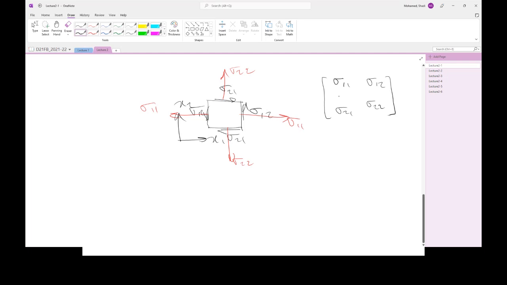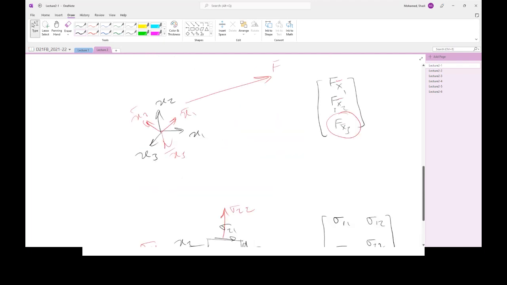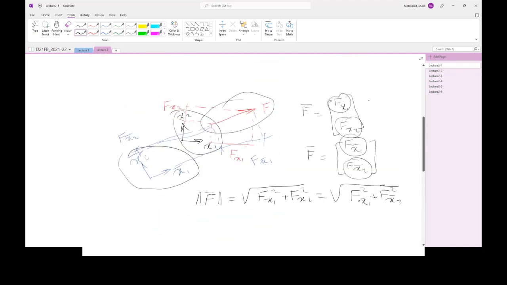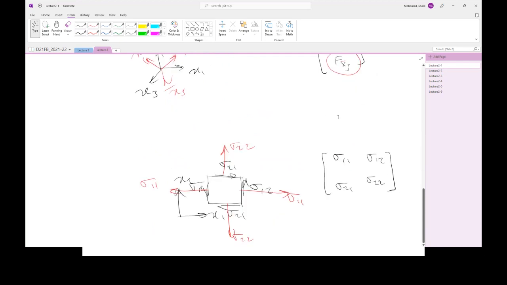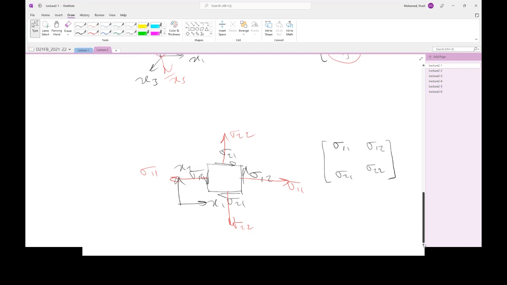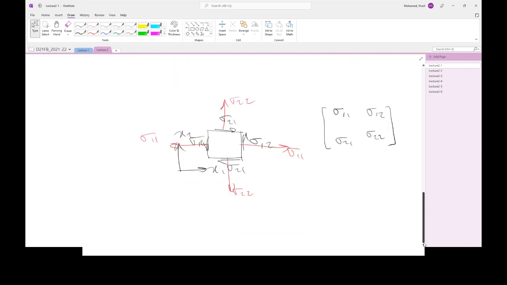All right, see, I have moved from a quantity that has one direction in 2D or 3D into a quantity that has multiple directions. Now, it is not just one, it's multiple. The stress is active in multiple directions all at the same time. So this is the difference between the force and the stress.